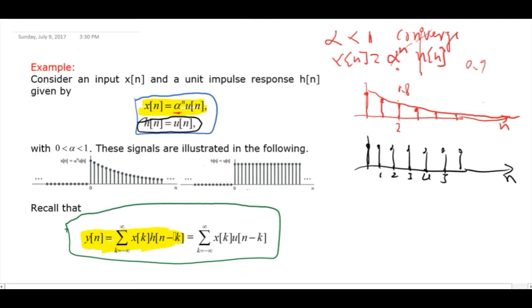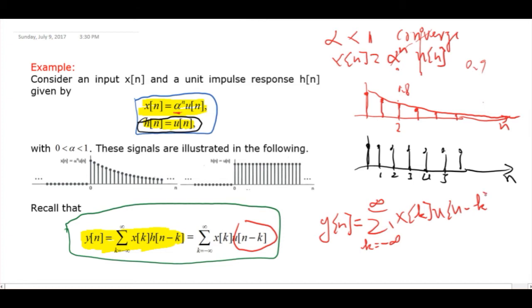But the important thing is we rewrite it this way because the impulse function is u[n], so we can rewrite that into u[n minus k]. So y[n] will become the sum over k from minus infinity to positive infinity of x[k] u[n minus k].